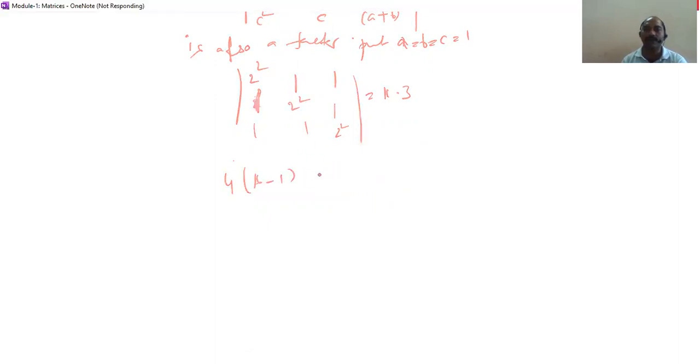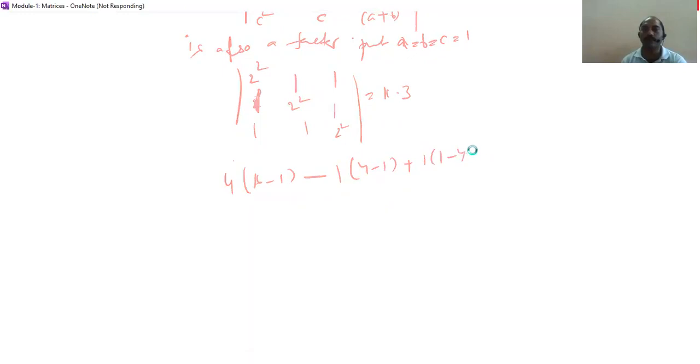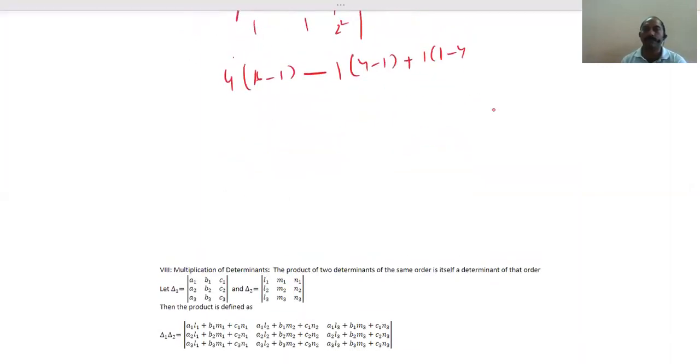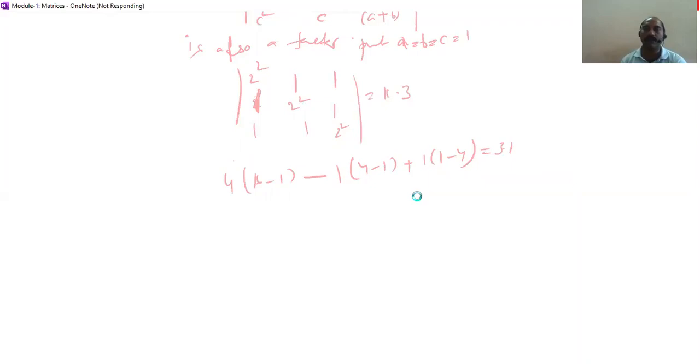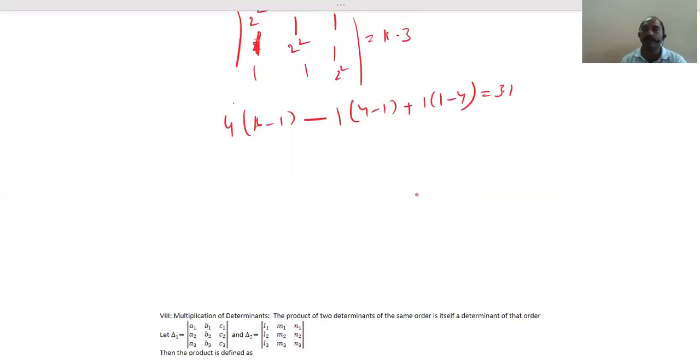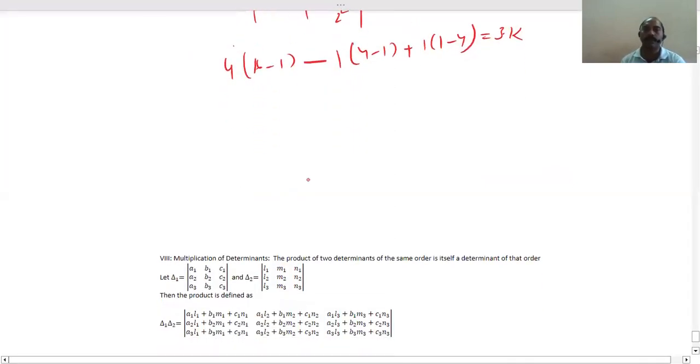I'm expanding first using the first row: 4 minus 1 plus 1 into 1 minus 4, equal to 3 into k. What about the simplification value? 16 minus 1, 15. 15 into 4, 60.